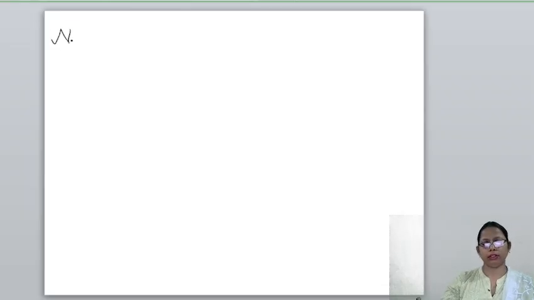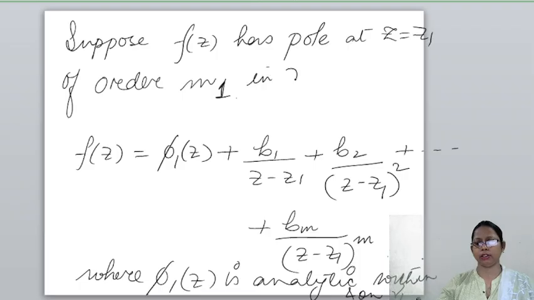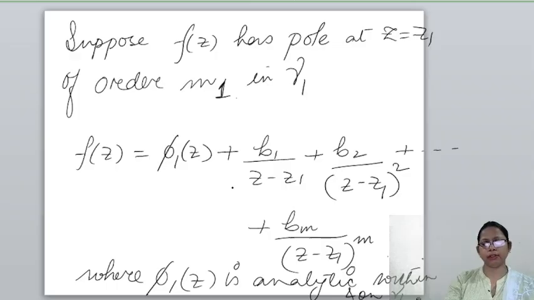Now integrating, that is, the integral over C of f(z) dz becomes the integral over gamma 1 and so on. Here I am considering f(z) as having a pole z equal to z1 of order m1 in gamma 1. Then I can expand f(z) in a Laurent series of this form about the point z equal to z1, where phi 1(z) is analytic on gamma 1.